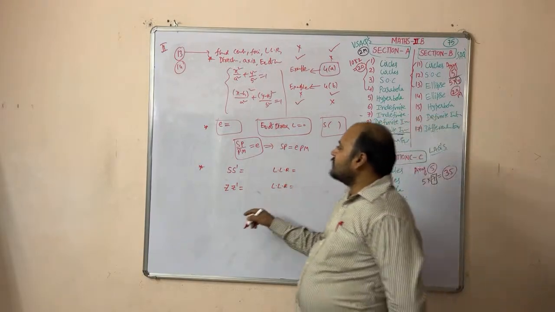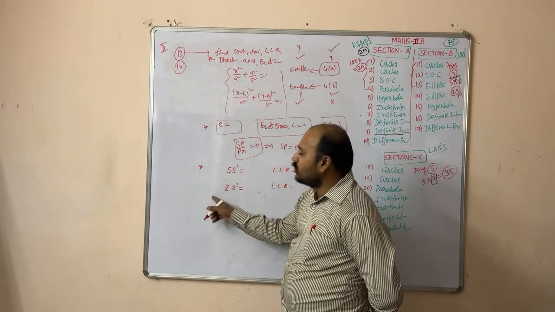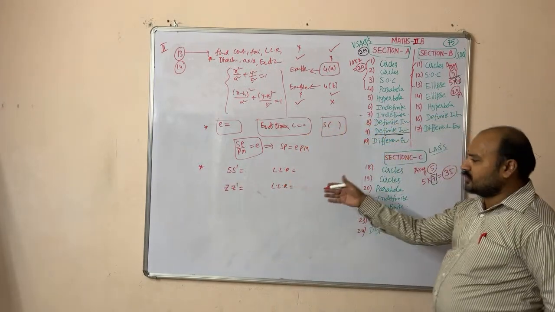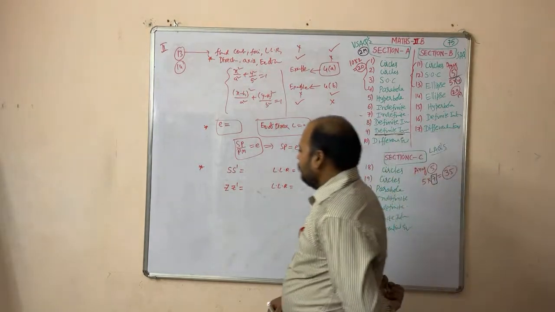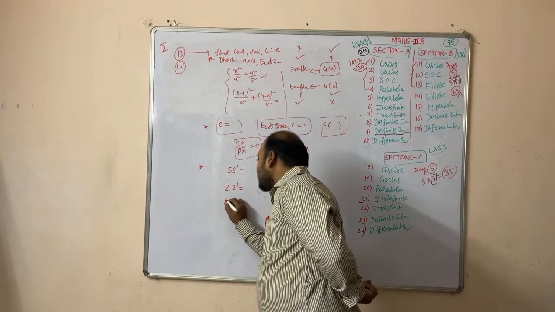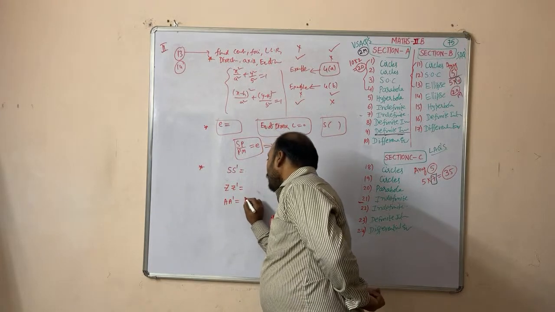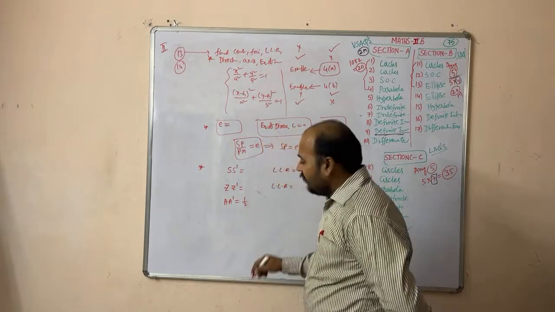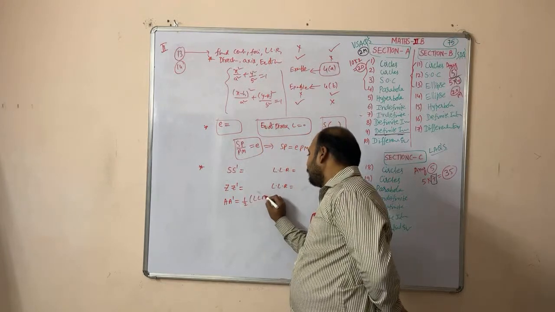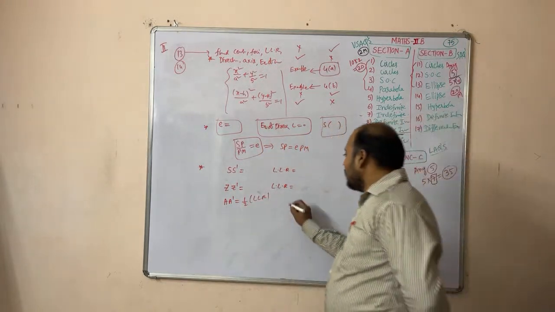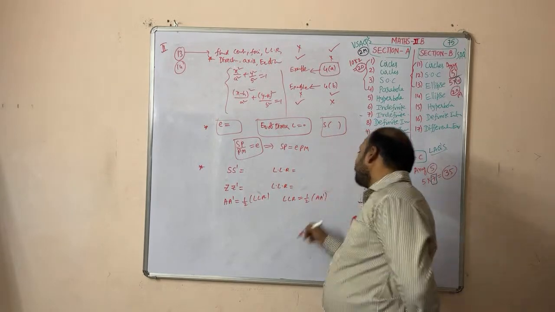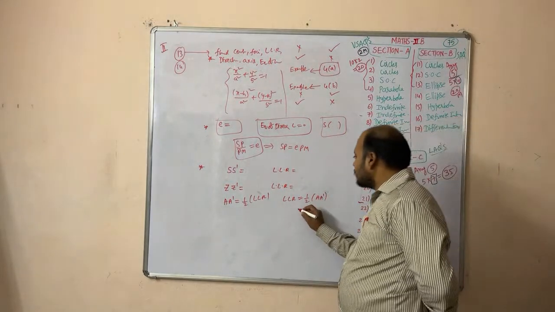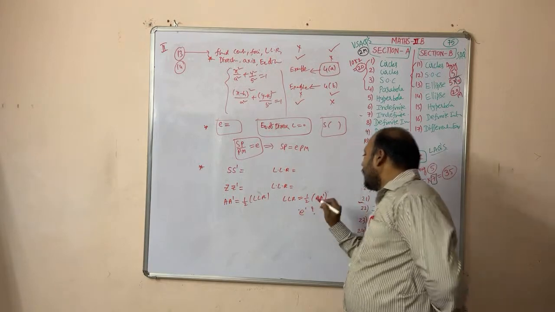In the first exercise itself, the first 3 or 4 questions are based on this only, students. And one more: if the length of the major axis is equal to half of the minor axis, or half of the length of latus rectum, or otherwise the length of latus rectum is equal to half of the length of the major axis, like this they will ask. Then find the eccentricity of the ellipse.